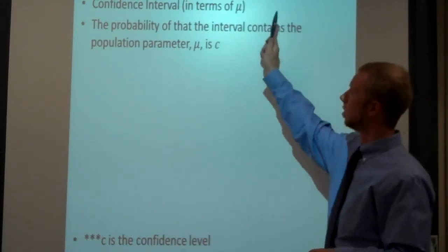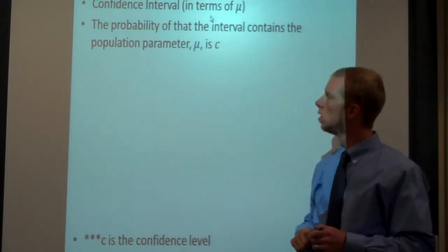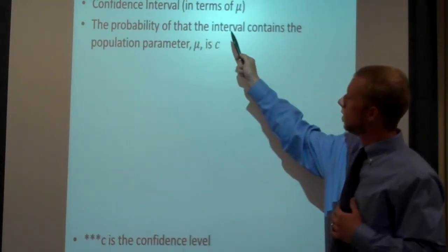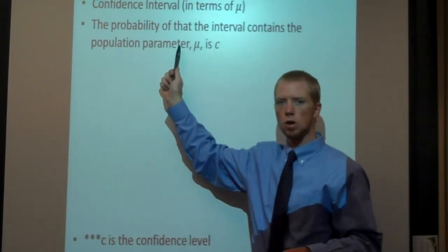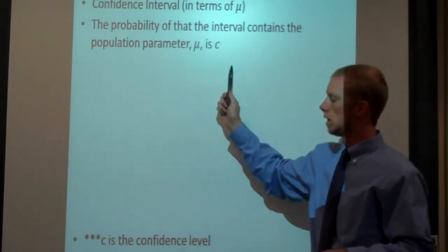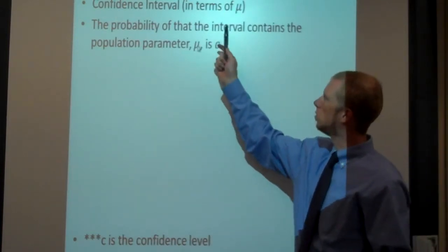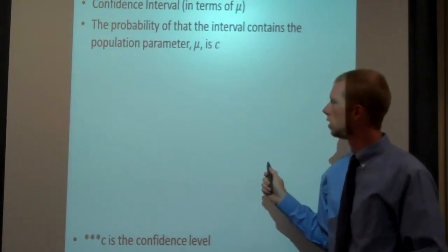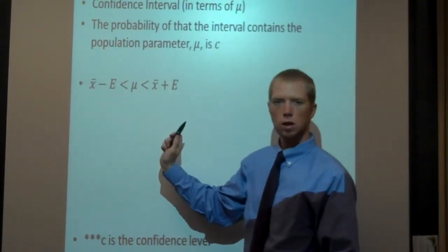Alright, so first of all, let's talk about what a confidence interval is. We're going to talk about it in terms of mu, so that the probability that the interval contains the population parameter mu is C. Note C is the confidence level, and we know mu to be the population mean. This is what your confidence interval will look like.